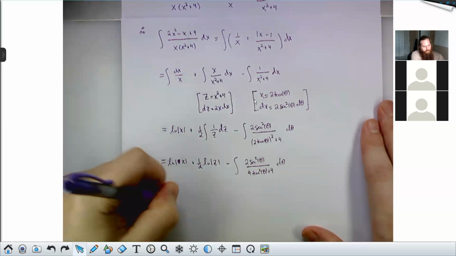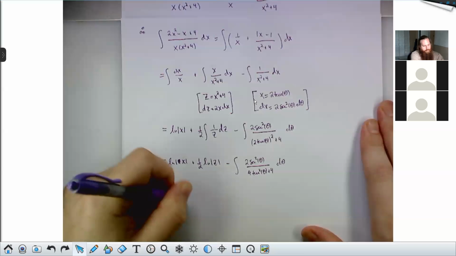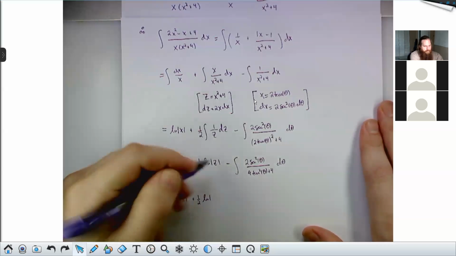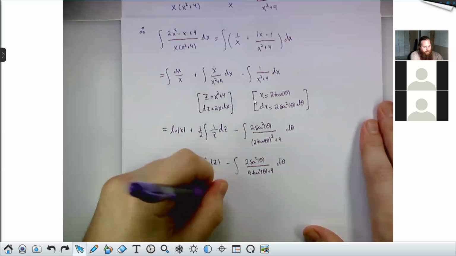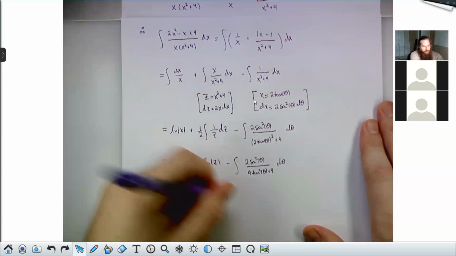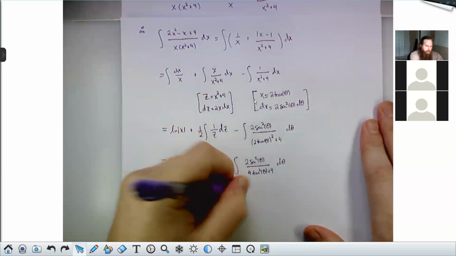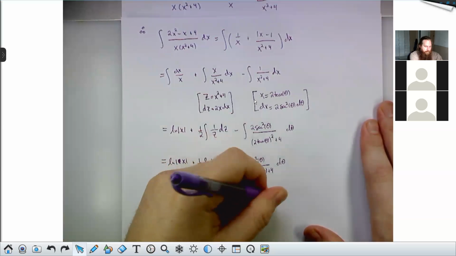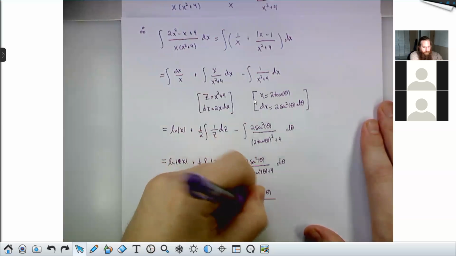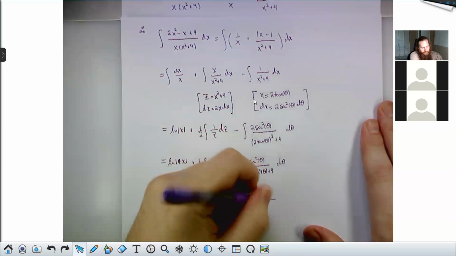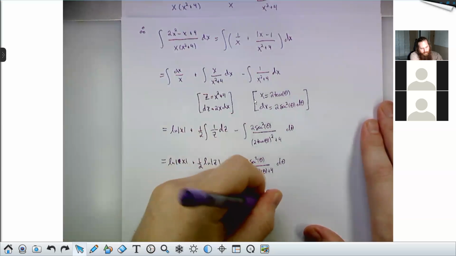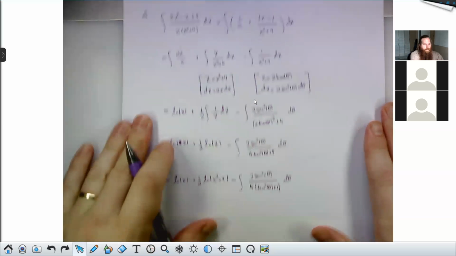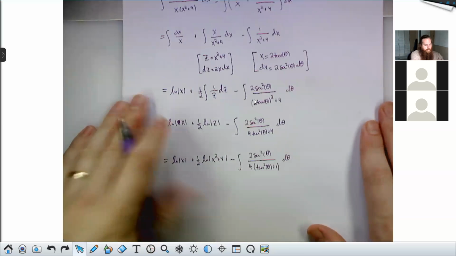So that's natural log absolute x plus 1/2 natural log absolute z, which was x squared plus 4, minus integral 2 secant squared theta over, I can factor a 4 out from the denominator here, and I'll get tan squared plus 1. And tan squared plus 1 is secant squared.